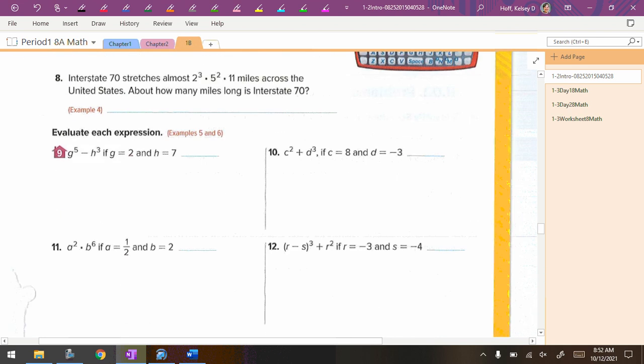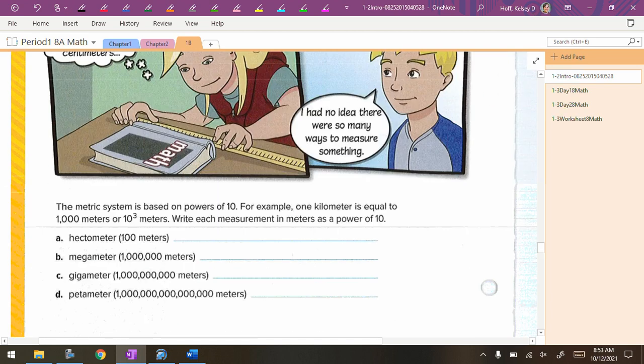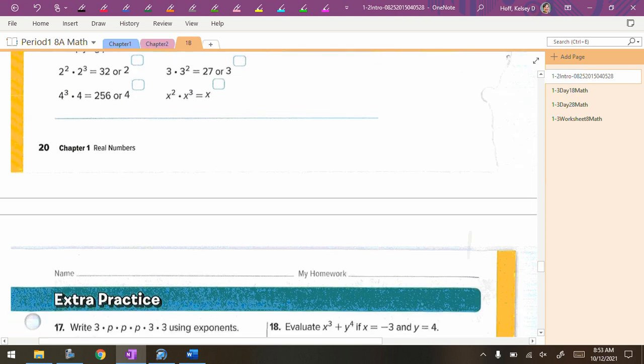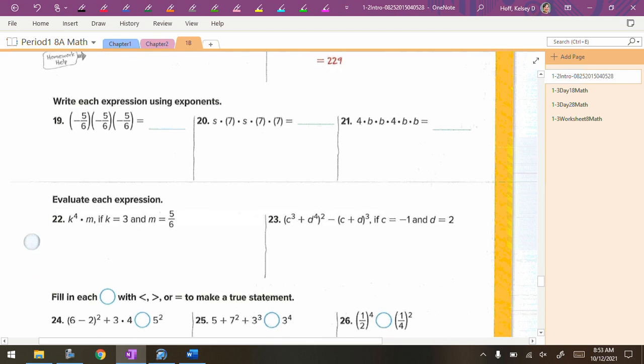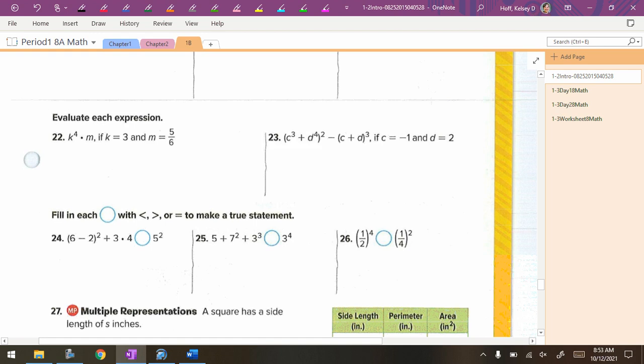Okay, go down and circle 9 and 10. Then turn to page 21. 19, 20, 21, and 25.